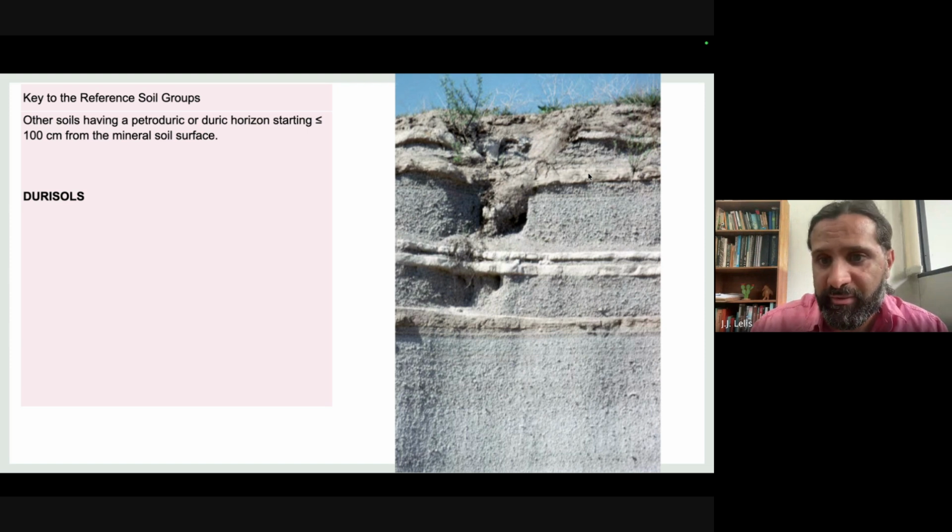The secondary silica can fill out totally the voids or pores of a horizon and create the petroduric, or just fill out some of these voids and form a duric horizon.